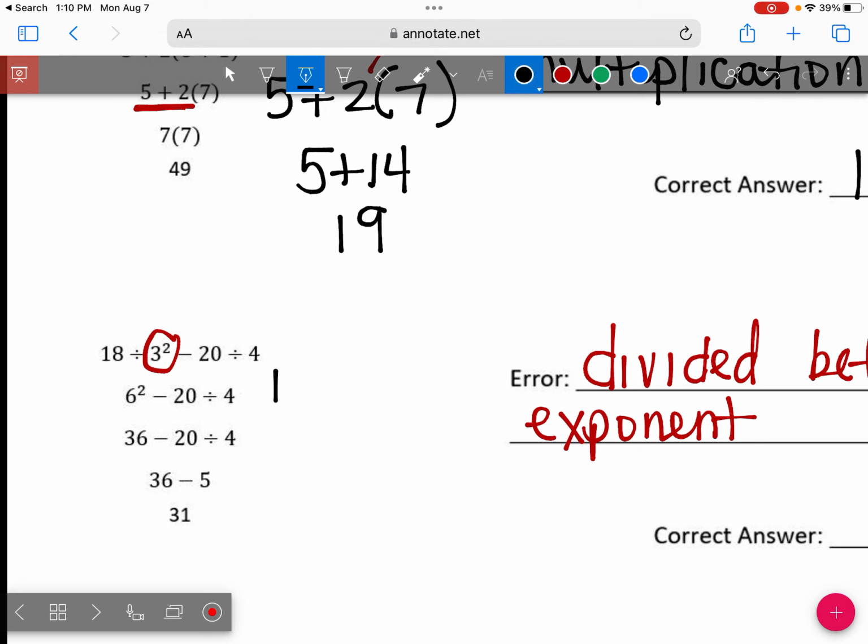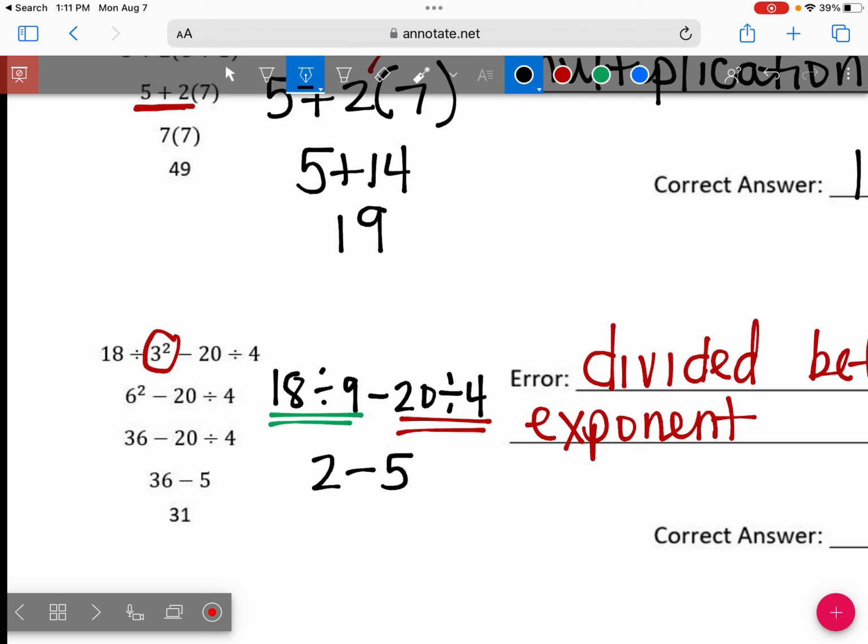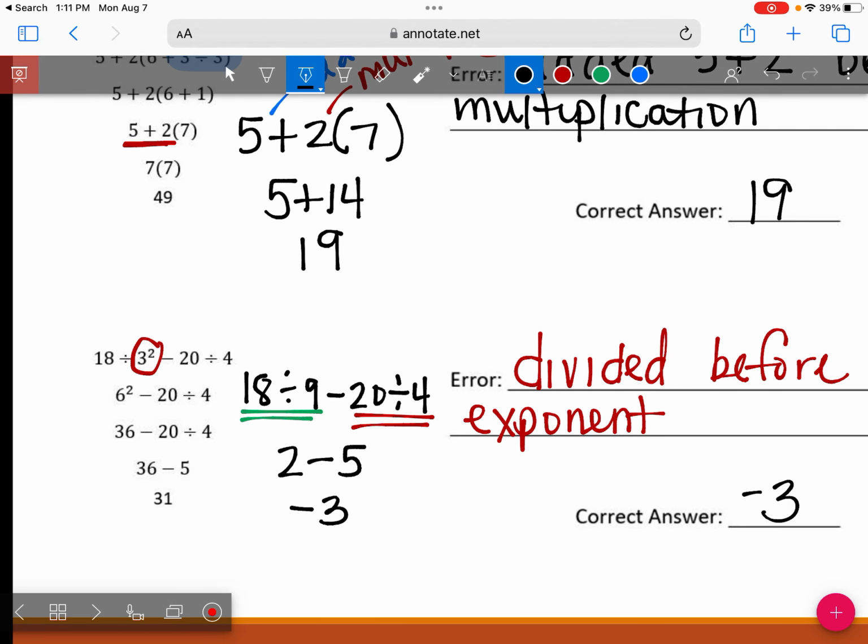So we have 18 divided by 9 minus 20 divided by 4. So the next operation would be division. So with your calculator, figure out what 18 divided by 9 is and 20 divided by 4. So 18 divided by 9 would be 2. And 20 divided by 4 is 5. So 2 minus 5 gives you a negative 3. And that is the correct answer.